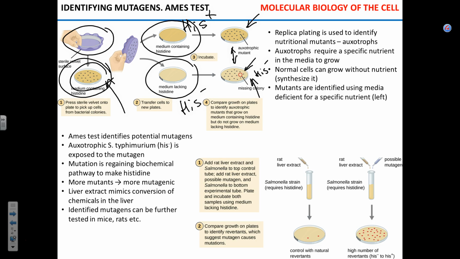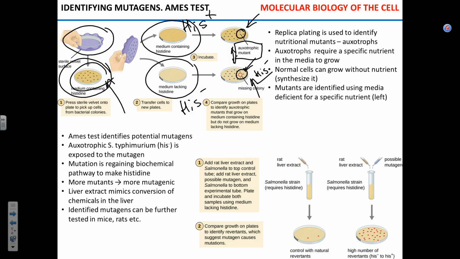So that colony is an auxotrophic microbe that can grow only when histidine is present in the medium. Does that make sense?